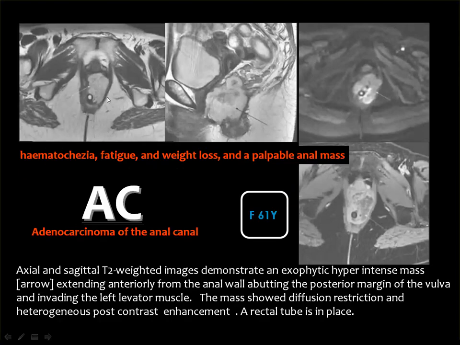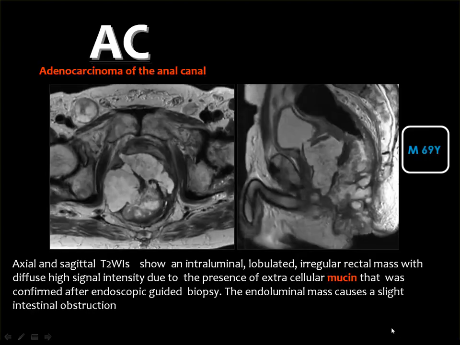This is an axial and sagittal T2 weighted image showing a mass in the anal area, and this mass is bordered by the external anal sphincter, which looks to be intact, and the mass showed heterogeneous post-contrast enhancement, and the high signal intensity in the T2 weighted image is the sign of this tumor to be of the adenocarcinoma type.